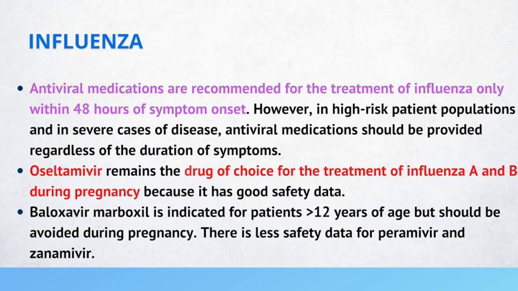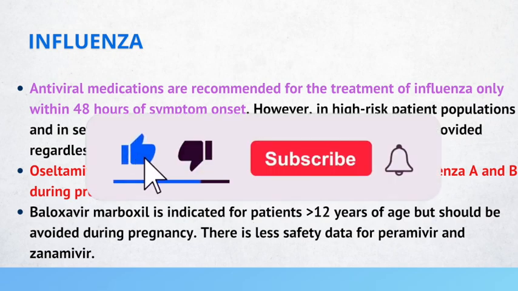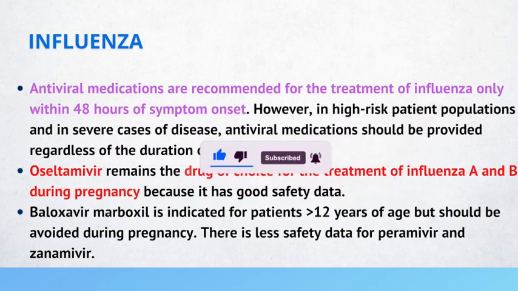The main takeaway I want you to get from this slide is that antiviral medications are indicated only within 48 hours of symptom onset, except for high-risk patient populations and patients with severe symptoms. The drug of choice for treating influenza in pregnant patients is oseltamivir.